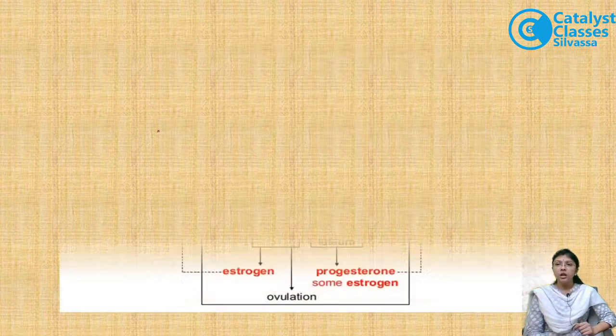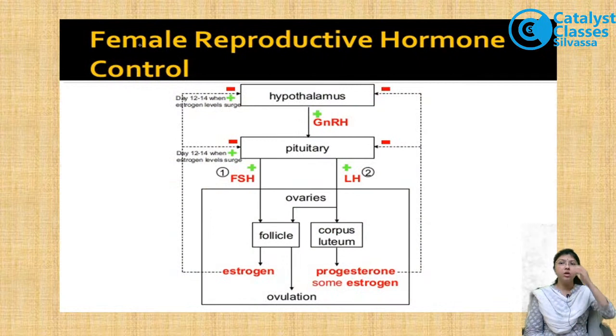Okay, right. So what you see here is a flow chart of the female hormonal regulation. Just as we studied in spermatogenesis that the hypothalamus is the main gland which is going to release the hormone, the same thing will be there here. At puberty, what is going to happen? At puberty, the hypothalamus will be stimulated to release which hormone?